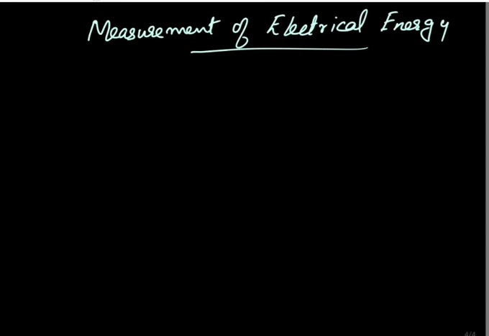Now when we learned about potential difference, we learned that potential difference, or V, is equal to work done per unit charge, isn't it? From the definition of potential difference or potential, we learned that it is the work done to move a charge from infinity to a particular point.